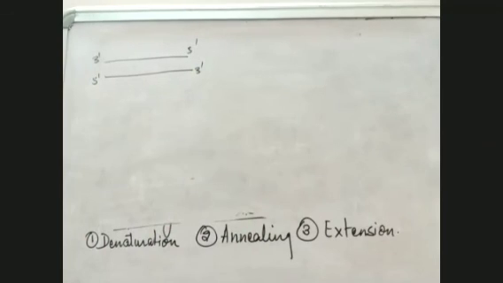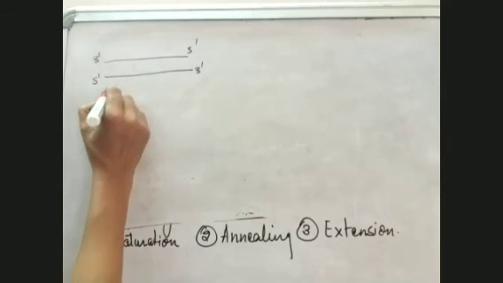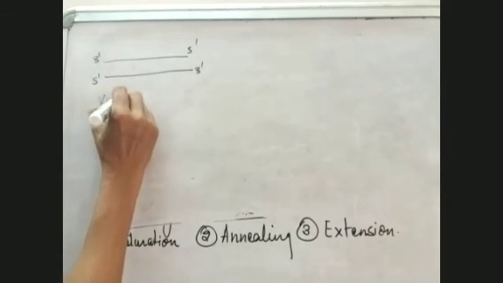Now, what happens in this case is denaturation is done. In denaturation, both the strands of DNA are separated. And how are these strands separated? In the technique of PCR, they are separated by using very high temperature.